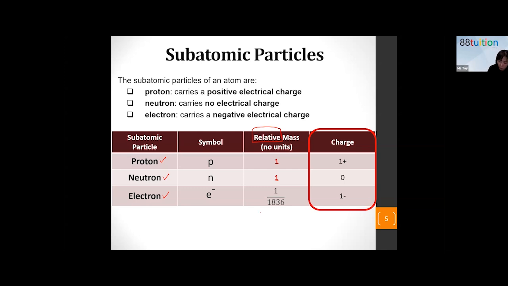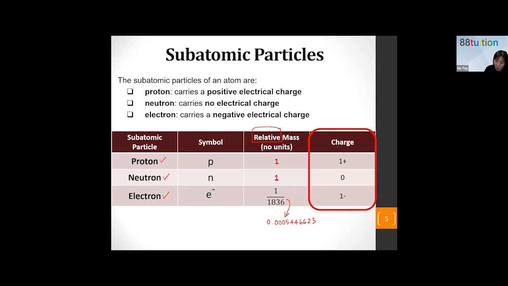This gives a value of 0.0005446623. So comparing the proton, neutrons, and the electrons, can you see how light it is? Almost negligible, isn't it? It's so close to zero, right?